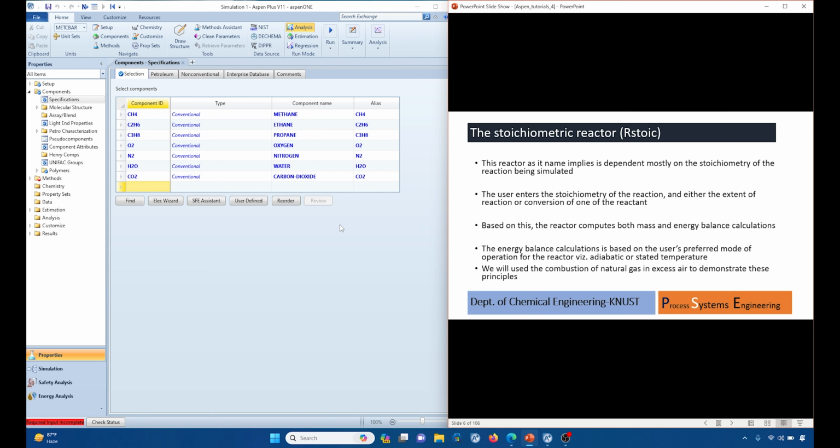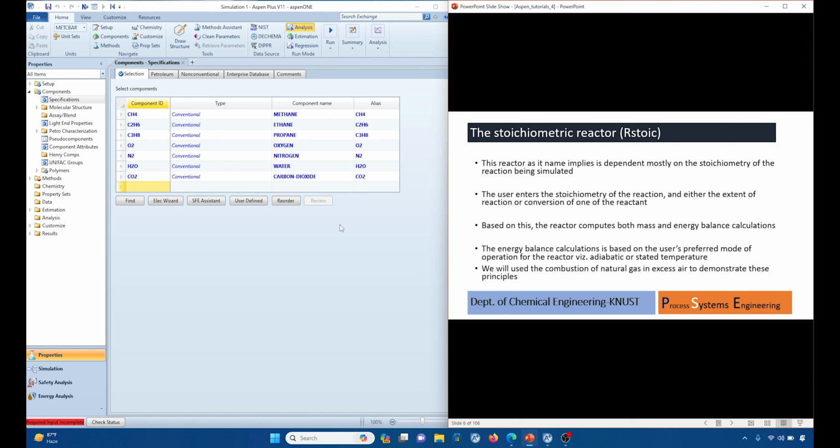The first reactor we are going to handle is RStoic. We've already seen that in our introductory session. As the name implies, it's a stoichiometric reactor and relies on the stoichiometry of the reaction being simulated. So you specify the stoichiometry of the reaction and it asks for either the fractional conversion or the molar extent of the reaction.